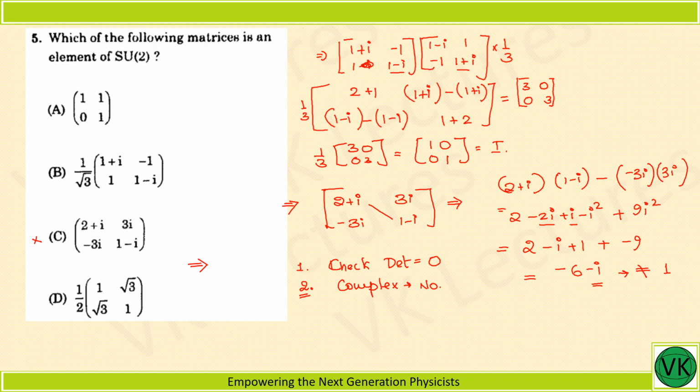If these two checks have been done, then you can go for the third, that U dagger U should be equal to the identity matrix. This is the method that you need to follow when you are checking whether the matrix is of the SU(2) group.